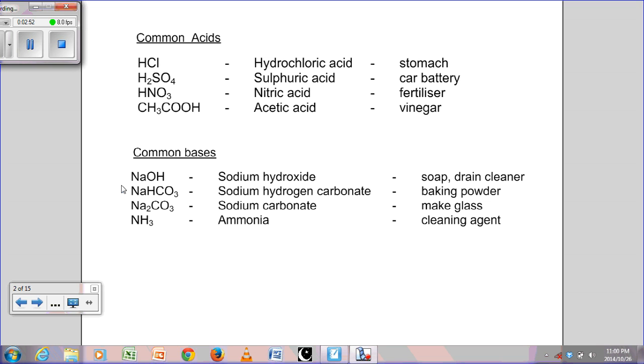NaHCO3 is sodium hydrogen carbonate, which we know as sodium bicarbonate, and it is the active ingredient in baking powder, which allows cakes and things to rise during baking. Na2CO3, sodium carbonate, is important in the manufacture of glass, and NH3 is ammonia, which is a weak base, found as a cleaning agent, and a good example is in Handy Andy.